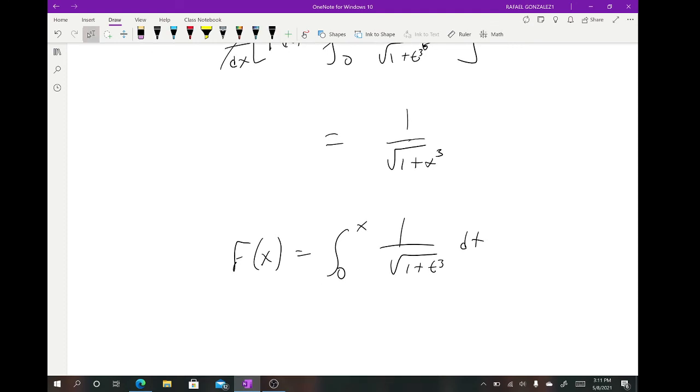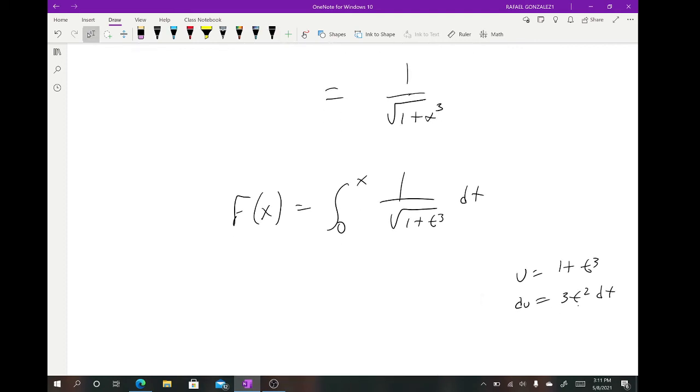In fact, for this particular problem, if we do a u sub, if you let u be 1 plus t cubed, then du is going to be equal to 3t squared dt, and there's no 3t squared anywhere there, so you cannot use u sub to solve this. In fact, this looks more like a trigonometric substitution problem that you will see in calculus 2. So you cannot use a u sub, which is all the tools that we have for this class besides the second fundamental theorem.